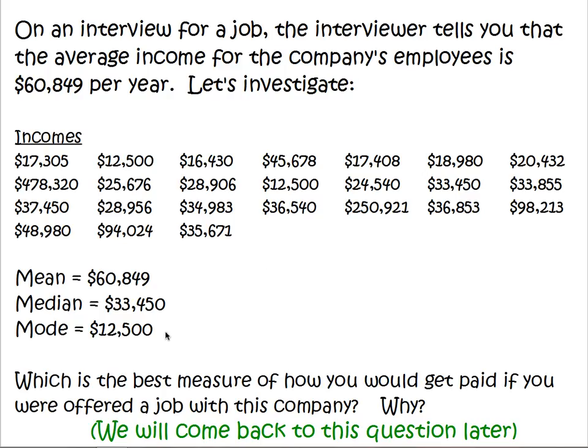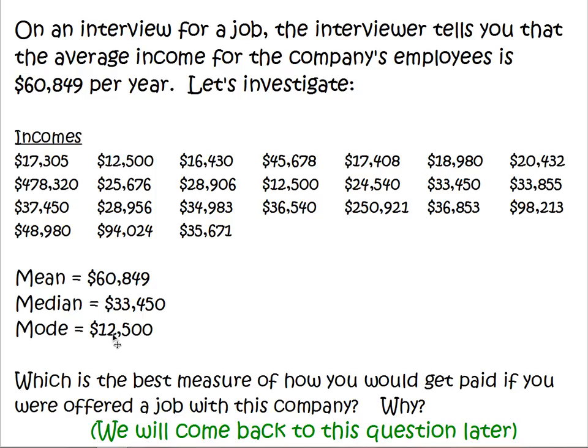Well, looking at my three measures of central tendency, the mean is over 60,000. The person didn't lie, right? The median, however, is 33,450, which means that half the company is making more than that amount and half the company is making less. The mode is very telling, right? Mode means the number that occurs most often.